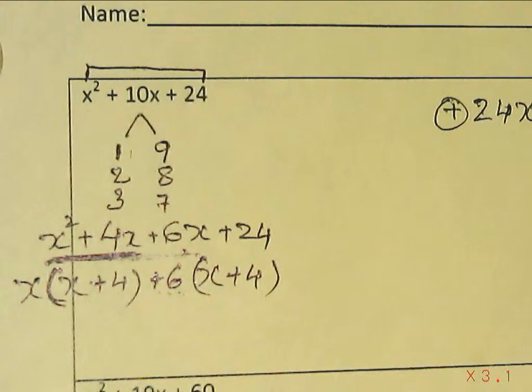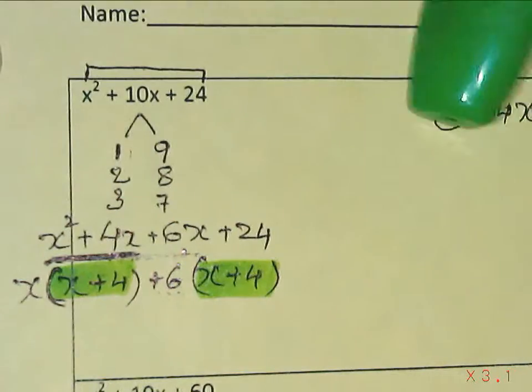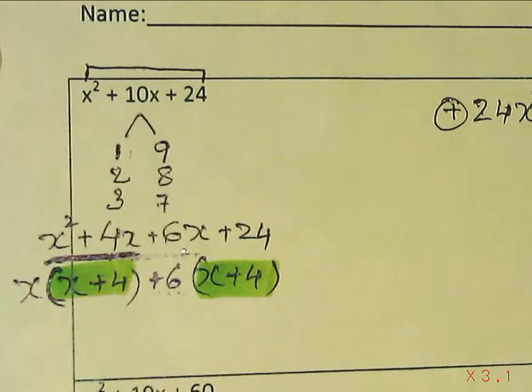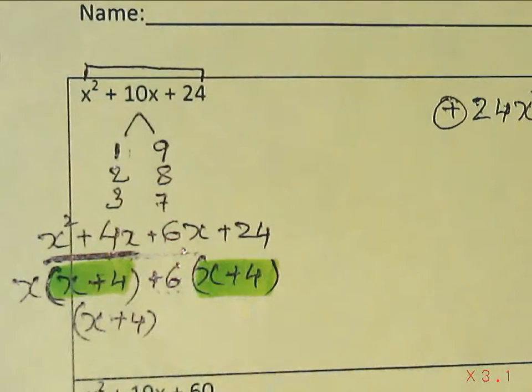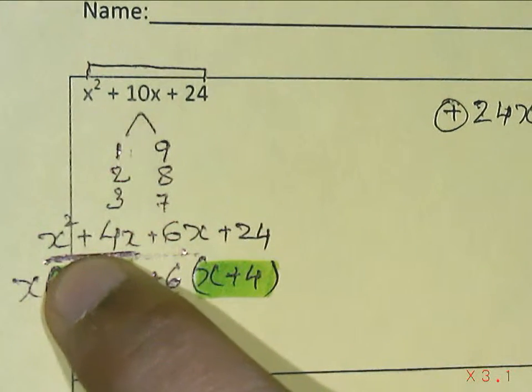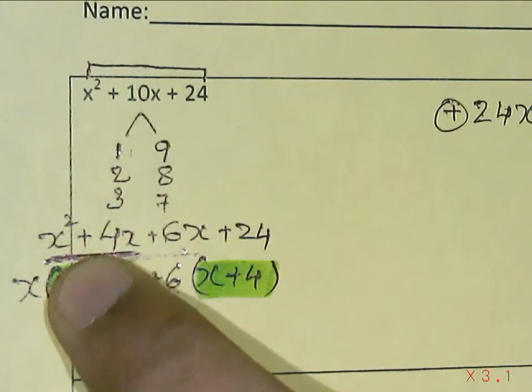Now can you see something same again? Yes, if you observe carefully, here I have x plus 4 and x plus 4. If that is taken as common, then x plus 4. If x plus 4 is taken, I am left with x here.